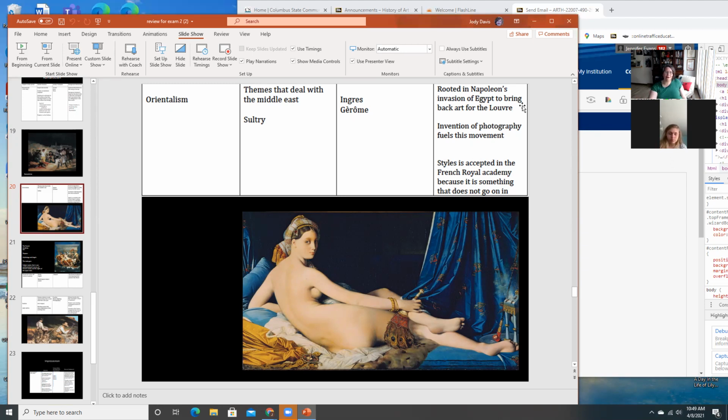And so Ingres paints here this image of a white woman with a turban on her head and highly detailed texture that we associate with the East, the hookah pipe that we associate with the East, and all this beautiful luxury fabric, which is all stuff that's imported from the Eastern trade. He's basically created a harem for a white man.